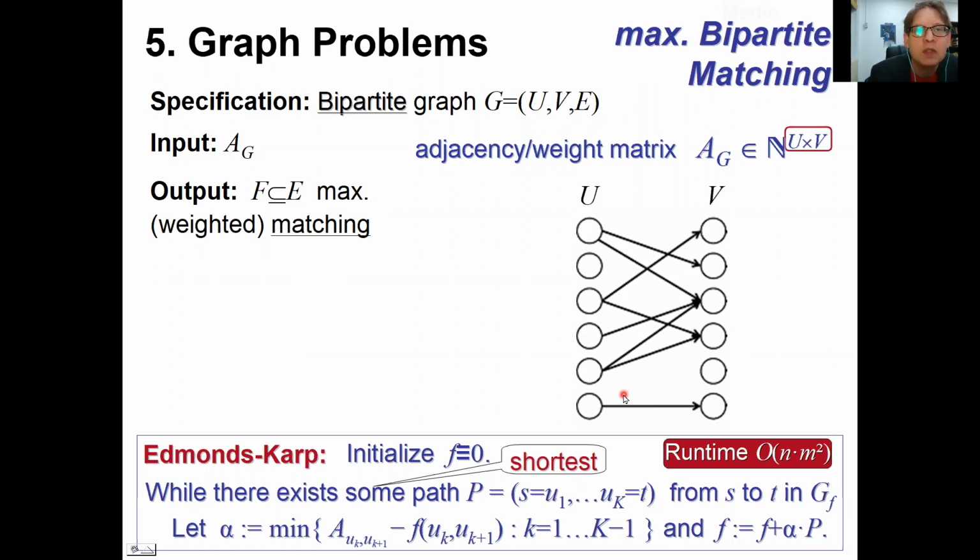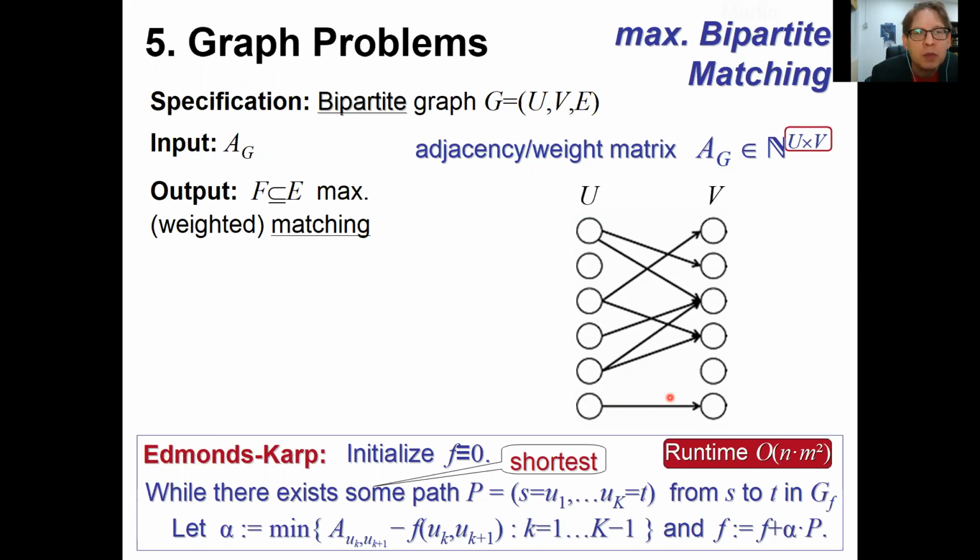And also we want to consider the more general problem of the weighted maximum matching, namely where the edges are equipped with weights. So here we're not just interested in finding the largest subset of edges, but the subset of edges with largest possible weight, which means that maybe some edges are more important, some marriages are preferred, some weddings are preferred over others.